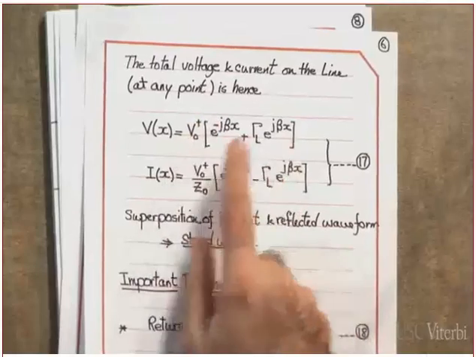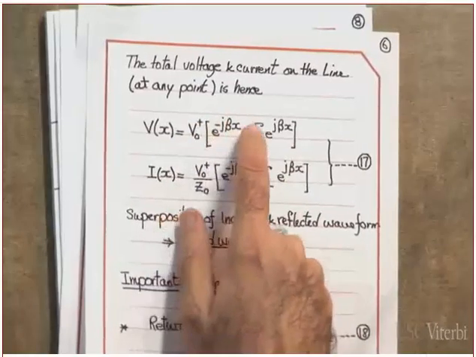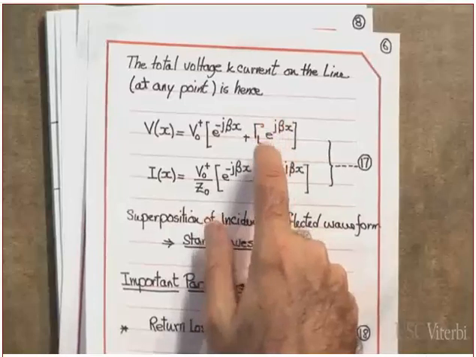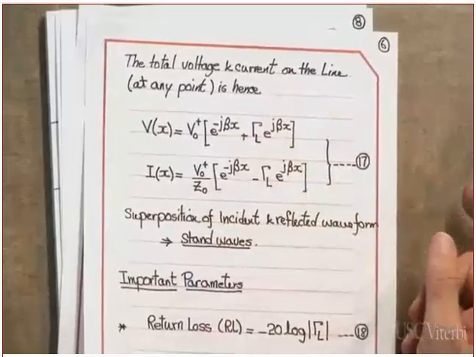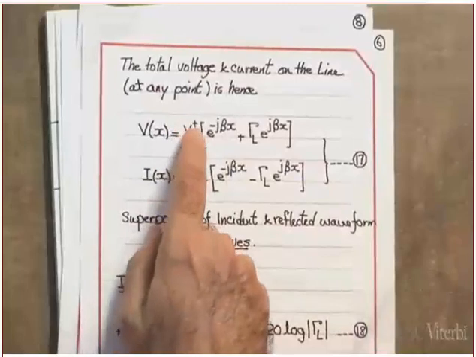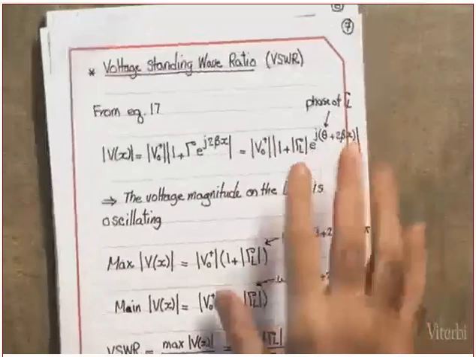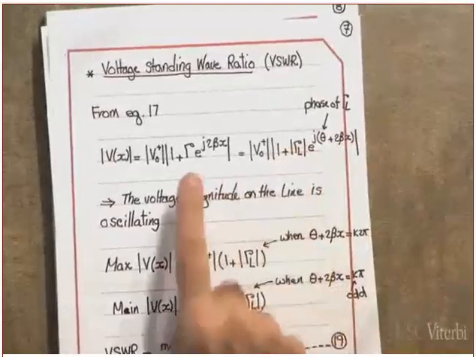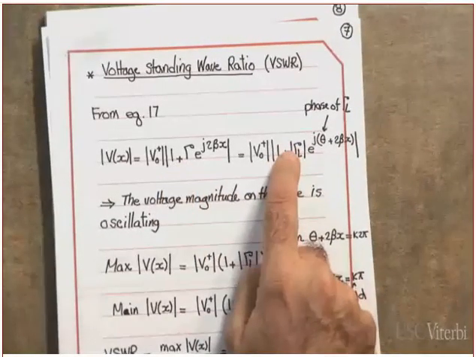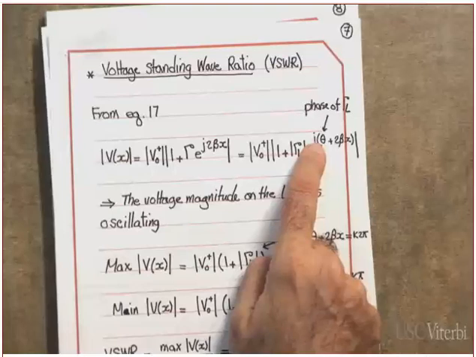What remains inside? 1 plus gamma L e to the j 2 beta x. And then when I took the absolute value, the e to the minus j beta x that I factored out is simply 1. So I ended up with this, and then I replaced gamma L by absolute value of gamma L times e to the j theta.